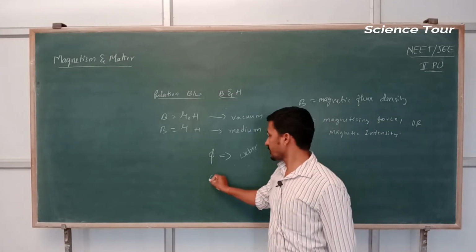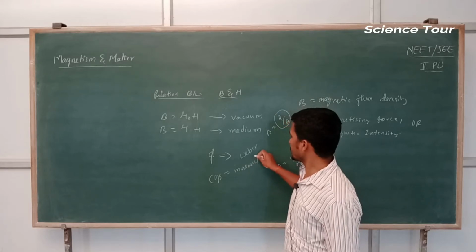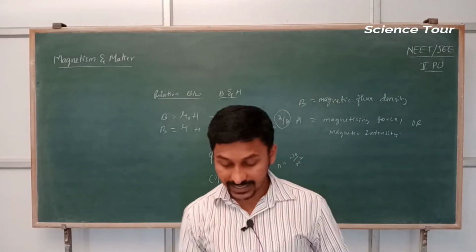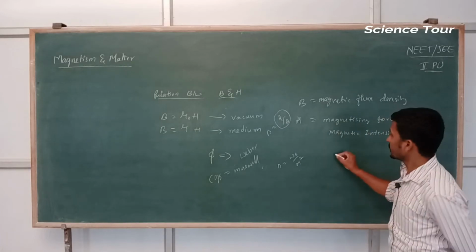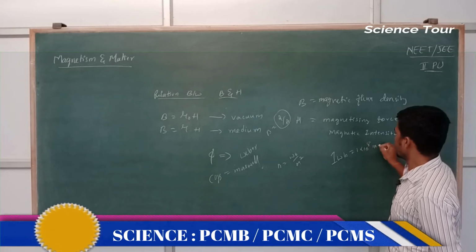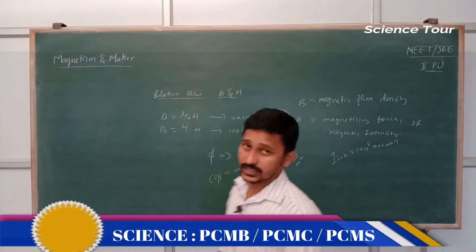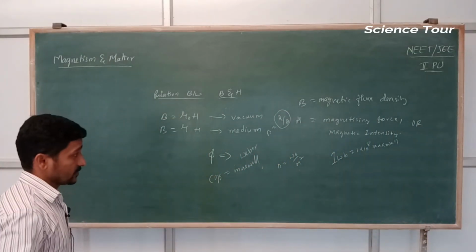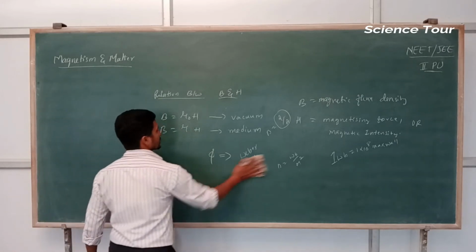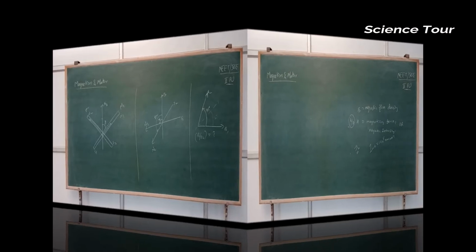The CGS unit of magnetic flux is the Maxwell, and the relation between them is 1 Weber equals 10 to the power 8 Maxwell. This is about magnetic field lines.